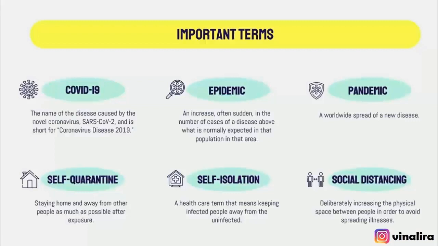Self-isolation, a healthcare term that means keeping infected people away from the uninfected. And the last one is social distancing, deliberately increasing the physical space between people in order to avoid spreading illness.